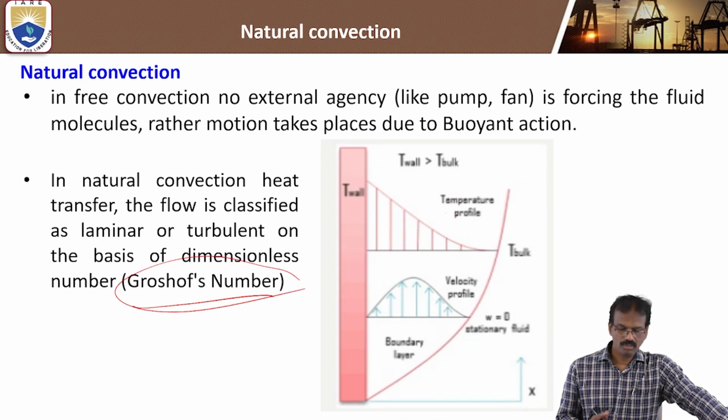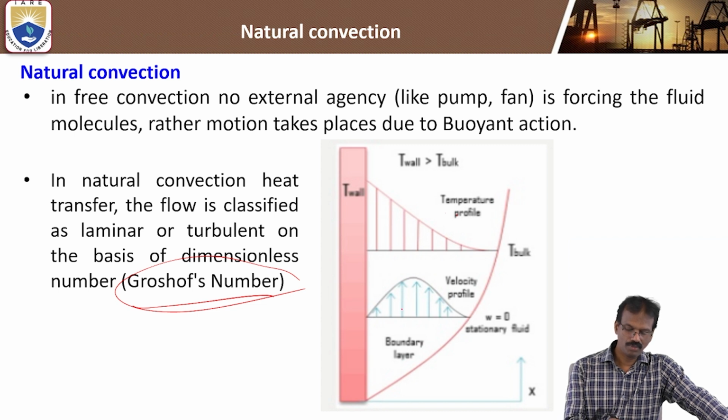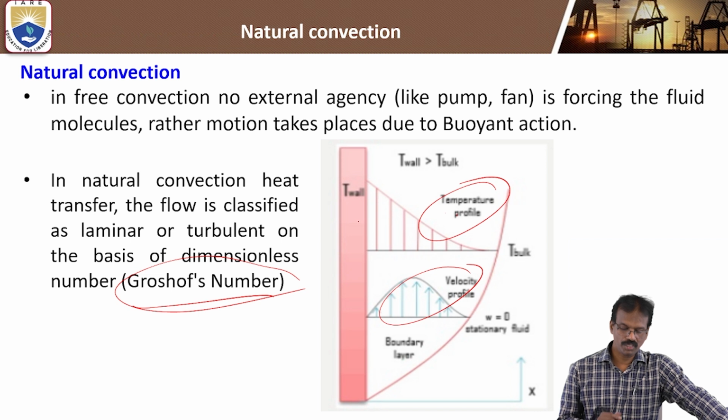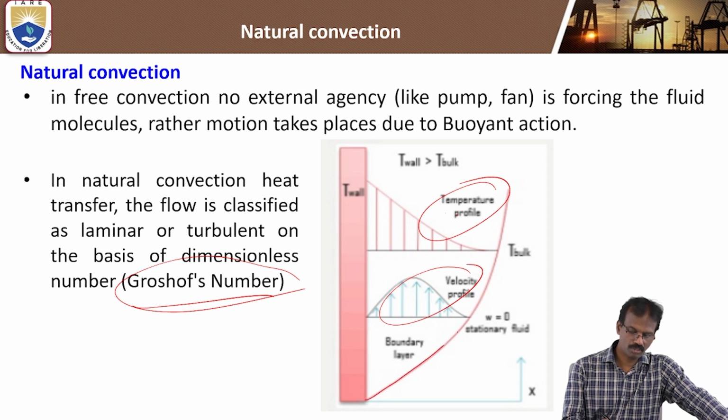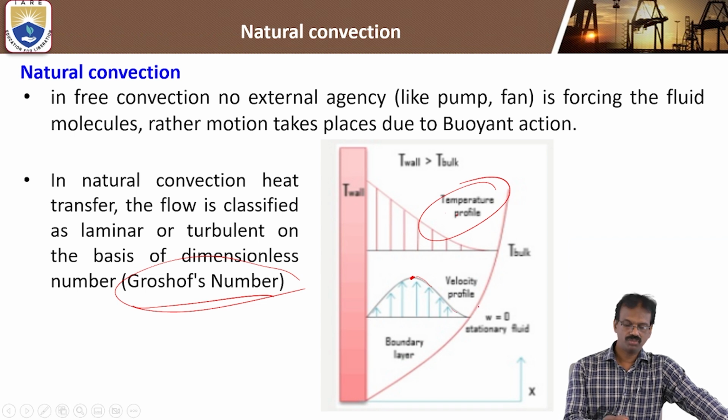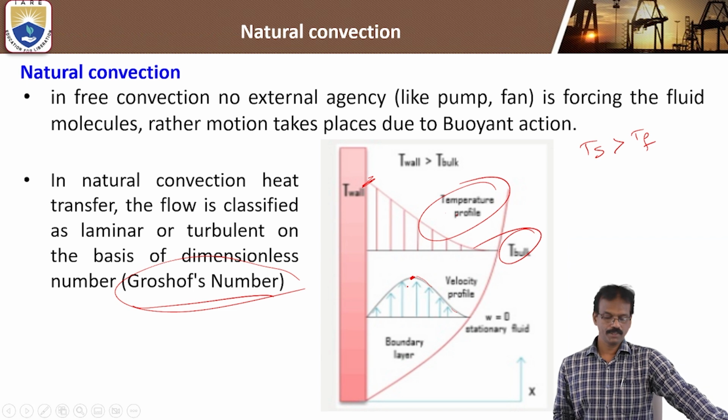This is the velocity profile and this is the temperature profile in natural convection. Velocity is initially low, then it increases, reaches a maximum, then gradually decreases. Because the surface temperature is greater than the bulk temperature, the temperature is very high near the surface and gradually reaches the bulk temperature.